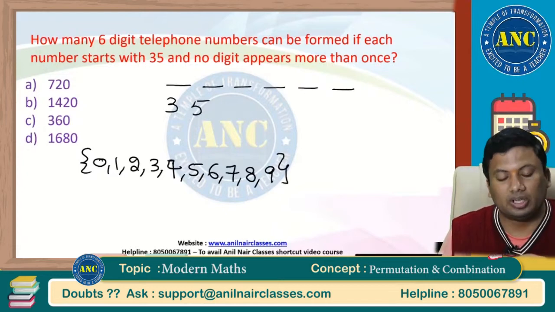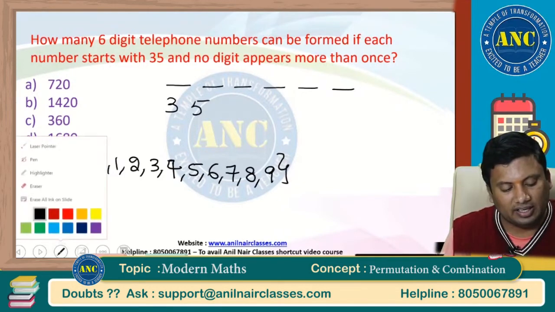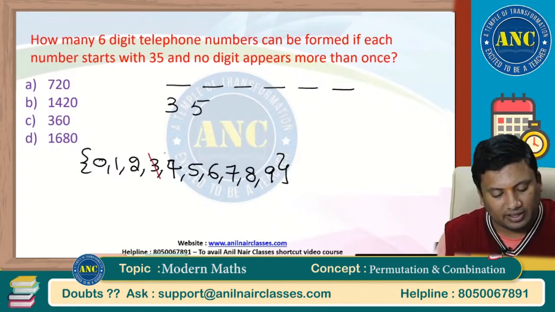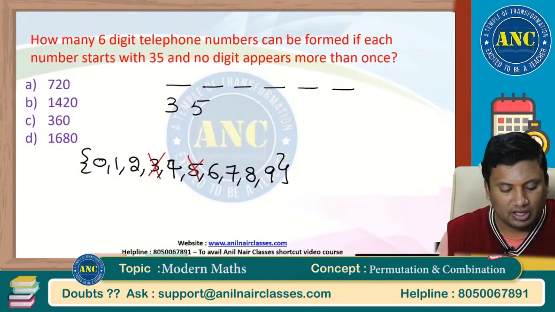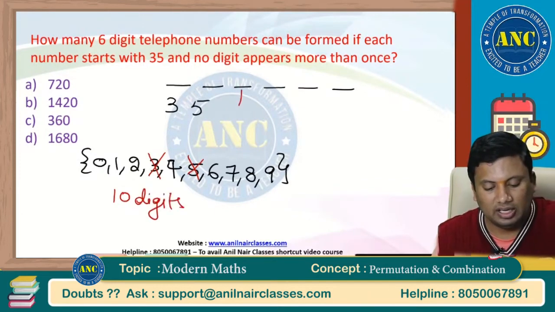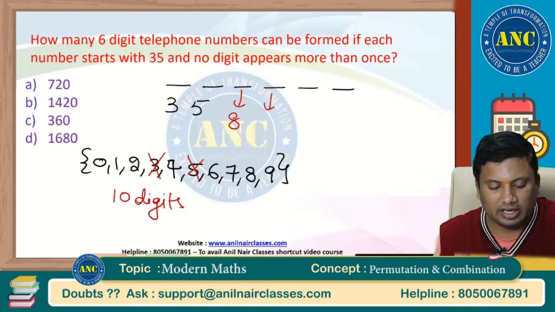Now see here, 2 digits are already fixed: 3 and 5. Totally 10 digits are there, 2 are already fixed, so the remaining 8 can come.